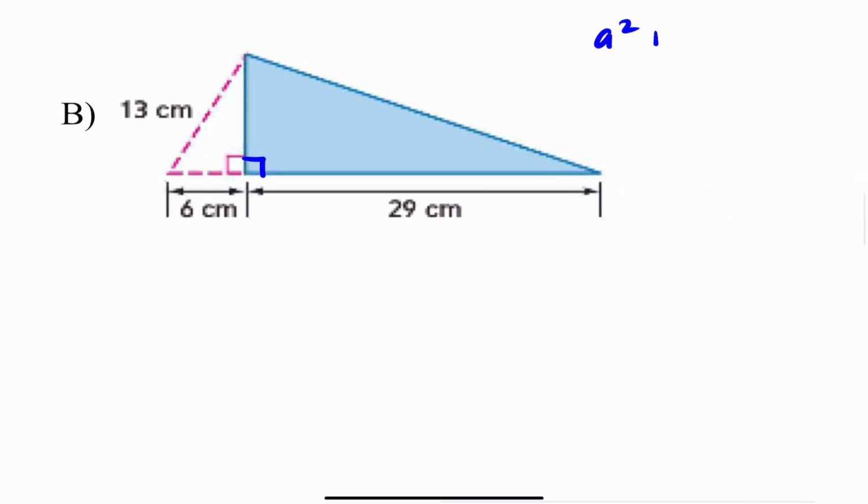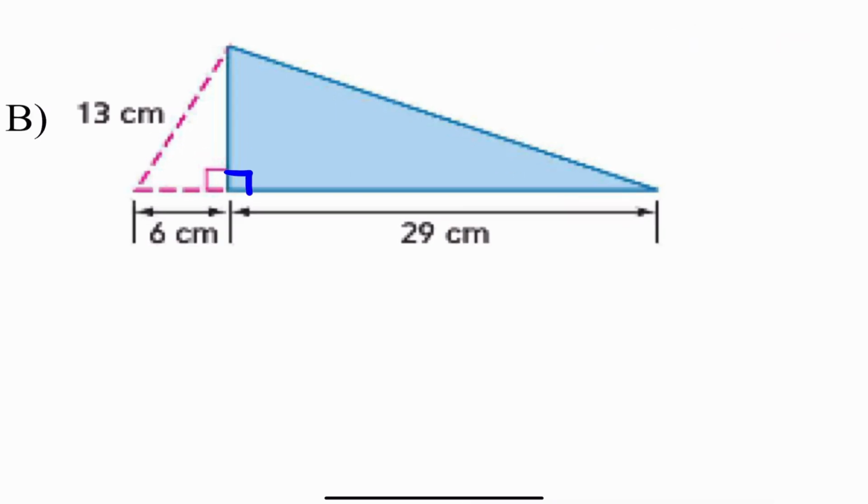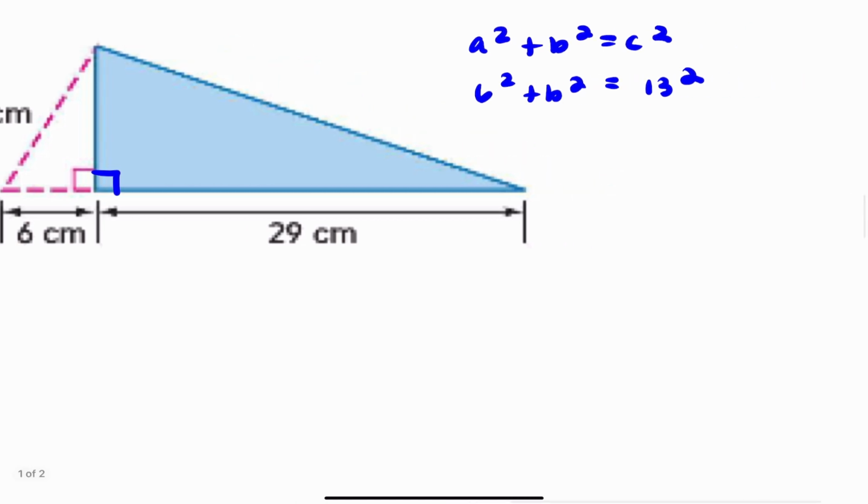So it's a squared plus b squared equals c squared. Remember, when you're doing the Pythagorean theorem, this is the hypotenuse. That's your c. And then you have 6 squared plus b squared equals 13 squared. So you get 36 plus b squared equals 169. Subtract both sides by 36. You get b squared equals 133.